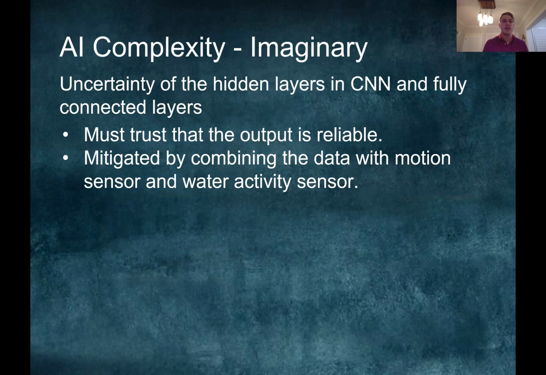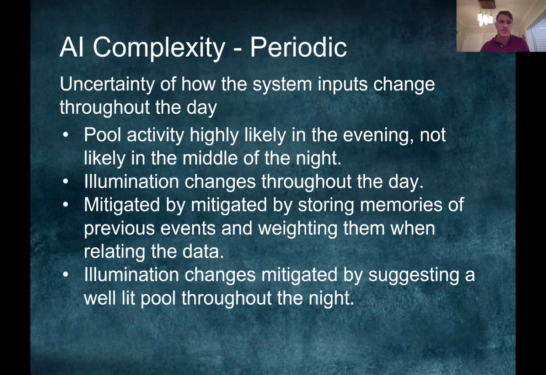This is mitigated, as was mentioned before, by combining this data with the motion sensor and the water activity sensors so that you don't have to completely rely on the output of this network to tell you if there's a person in the pool or not and their status. Rather, it is just a part of a whole in the algorithm that helps you determine the outcome or whether to alert the user.